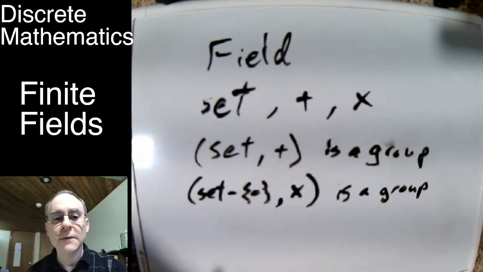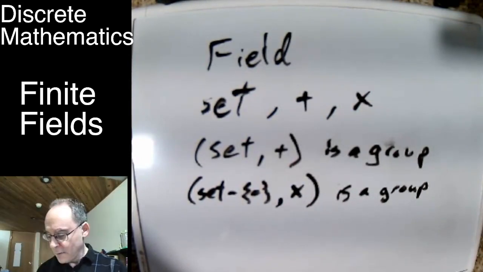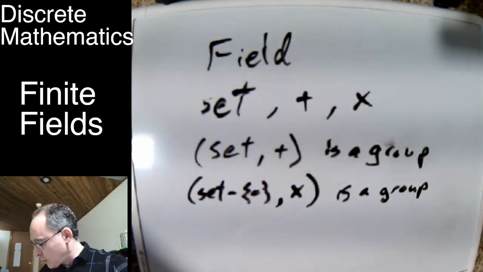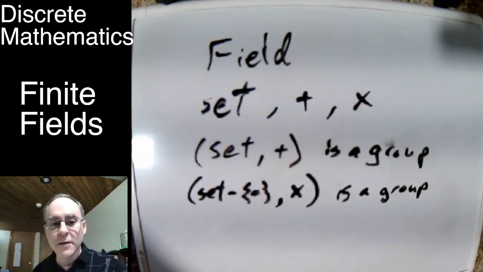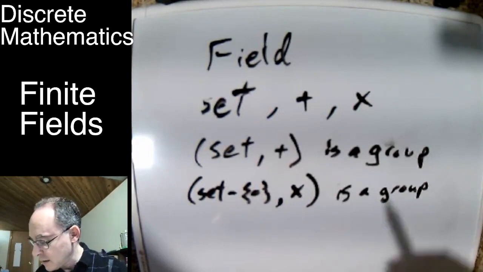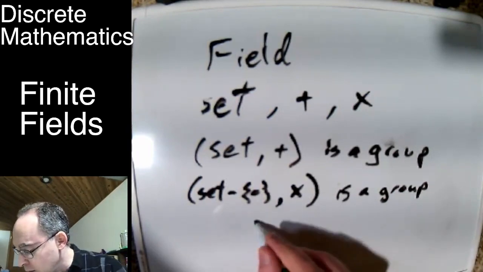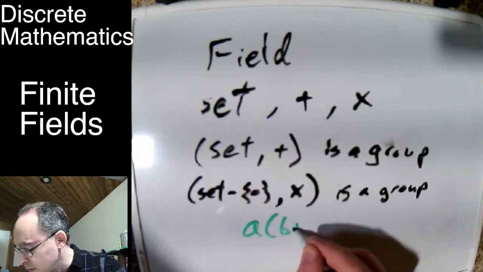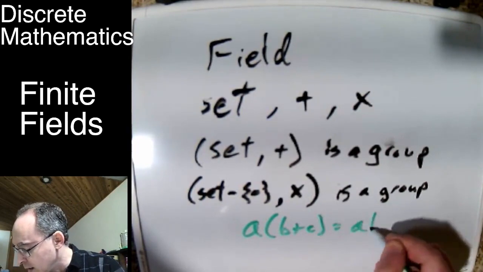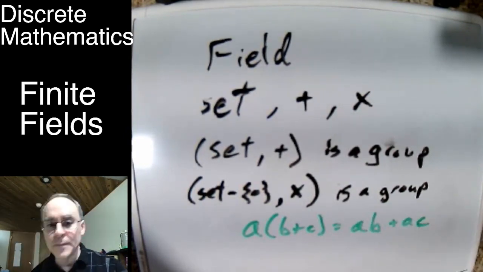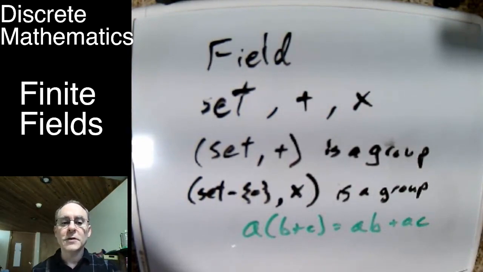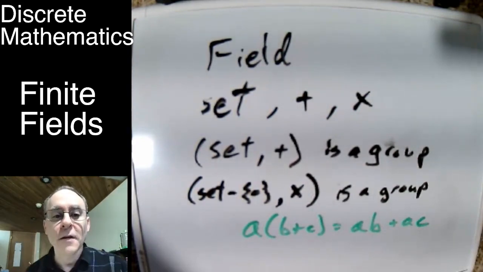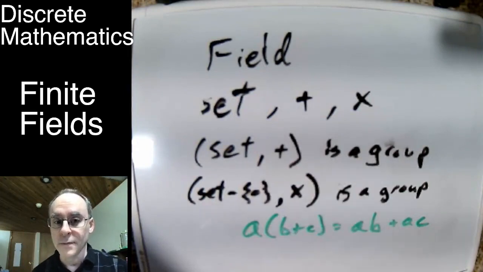And also, for it to be a real proper field, we want addition and multiplication to satisfy the usual things that we expect. For example, the distributive property: if we have a times (b plus c), then we expect that to be ab plus ac, and so on. And if we satisfy all that familiar stuff, then we've defined what we call a field.